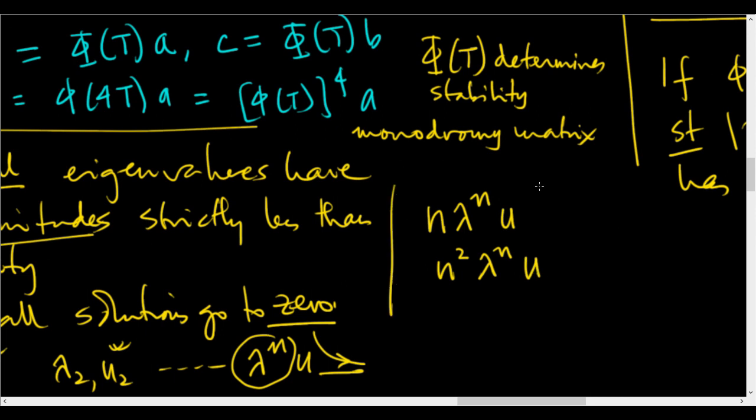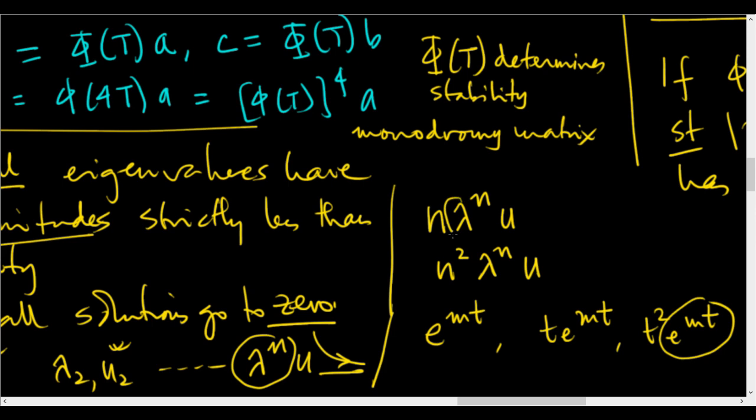Okay, so this is just the discrete equivalent of things you have seen in ordinary differential equations. You have seen e to the power mt, t e to the power mt if there is a repeated root, t square e to the power mt if there are two repeated roots. That e to the power mt is now lambda.